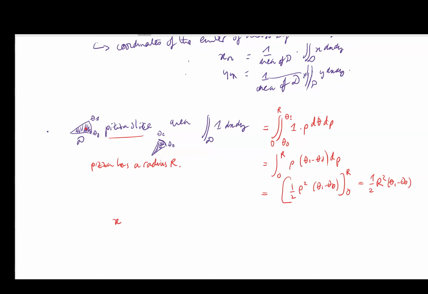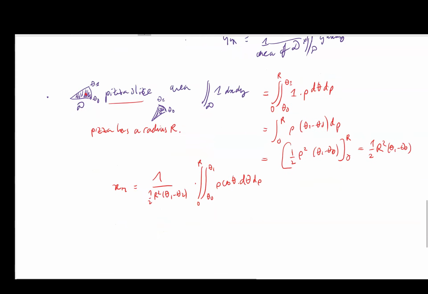So you would just apply xm is 1 over what we found earlier, that area, 1 over 2 r square theta 1 minus theta 0, times the integral on the same bounds, theta 0, theta 1, 0, r, of, this time, x, so in terms of polar coordinates, that should be rho cosine theta, times d theta d rho.